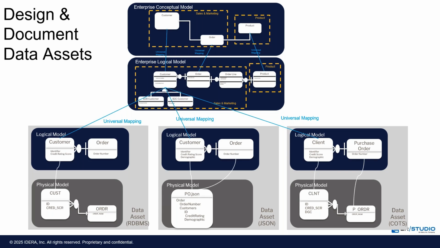And the data asset could be a relational database system, something that's running on SQL Server or Oracle. It could be a data asset that's stored in JSON in a hierarchical format. Obviously, we'll talk a bit more about that in a moment. Or it could be something else. It could actually be a packaged product, like off-the-shelf solutions. We're going to be storing information in all these different data asset areas.